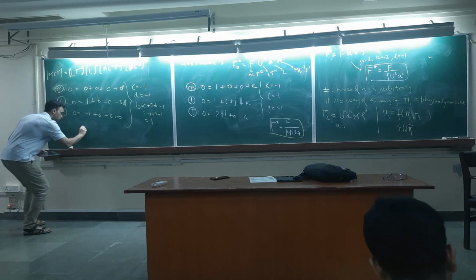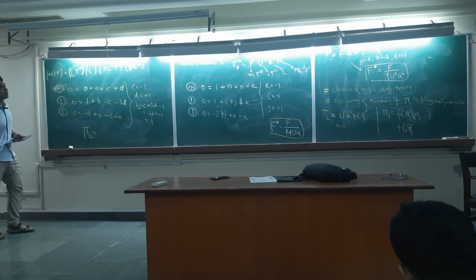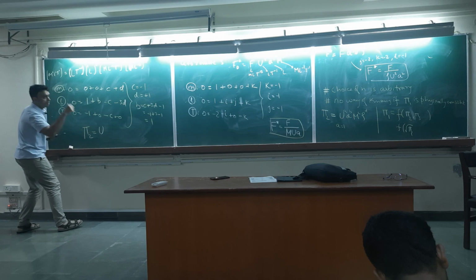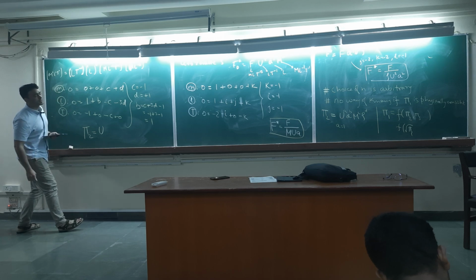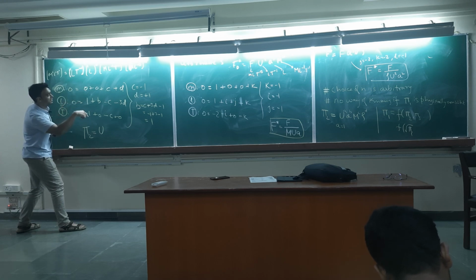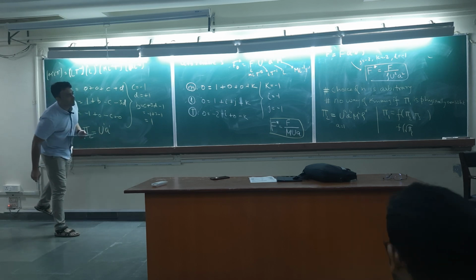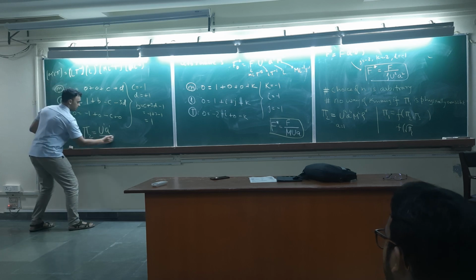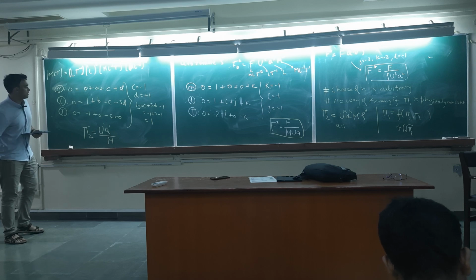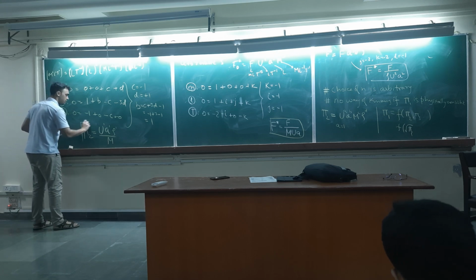What is pi 2? It's u to the power 1, a to the power B, which is 1, viscosity to the power C, density to the power D. This is your non-dimensional number.